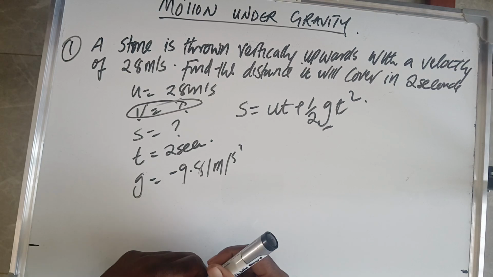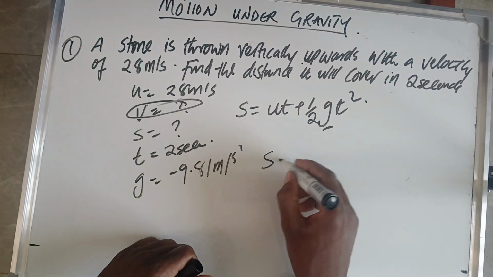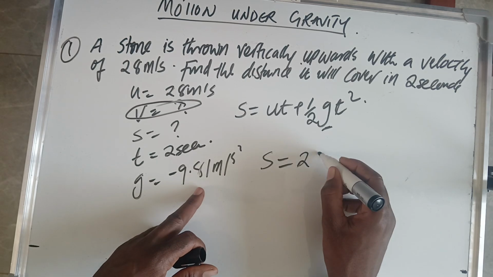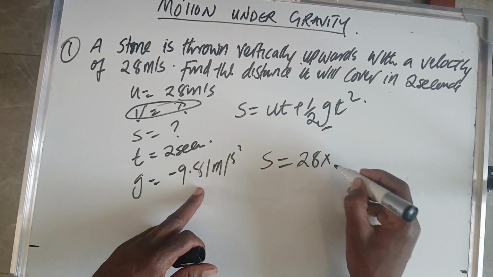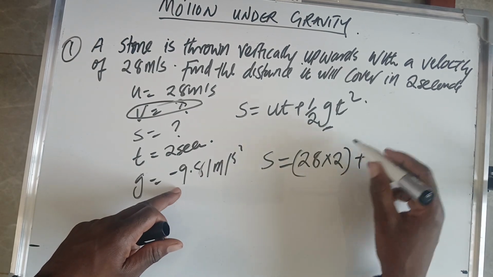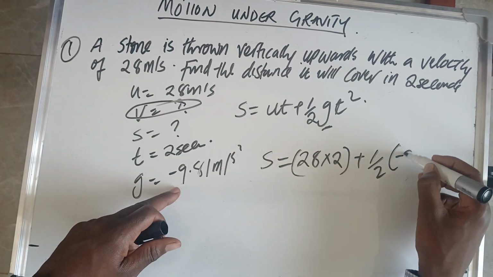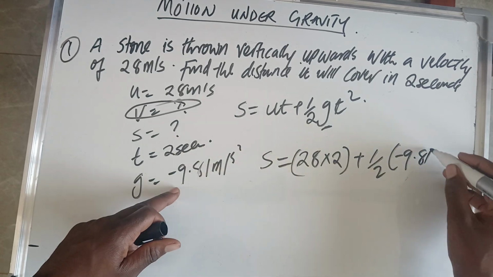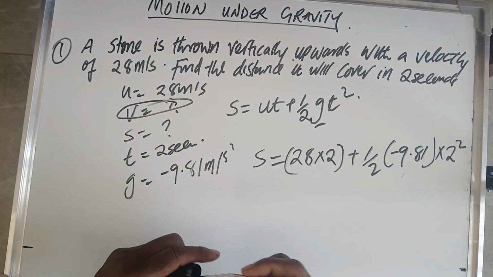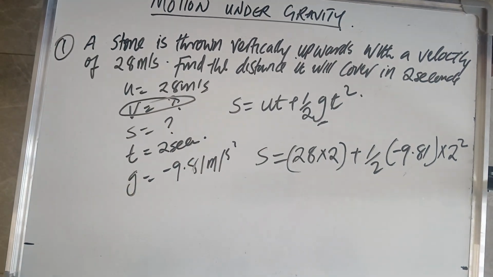Okay, so let's go. AC is what we are looking for. We are looking for distance. Initial velocity is 28 multiplied by time is 2, plus half. Gravity is negative 9.81 multiplied by time is 2 seconds squared. Just put these into your calculator.